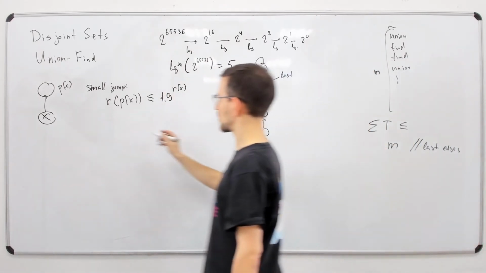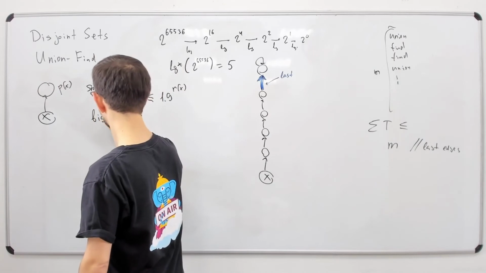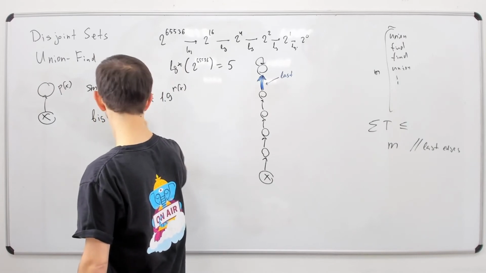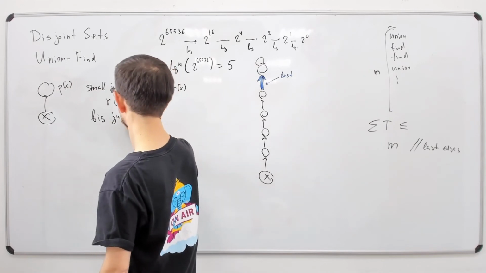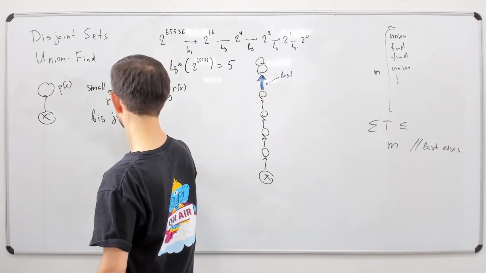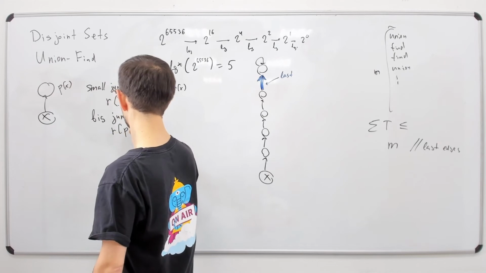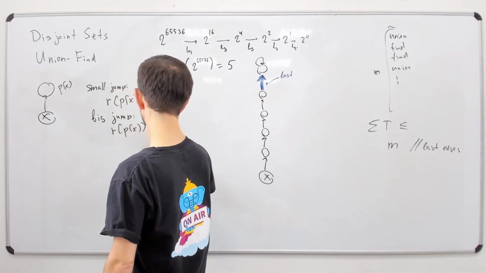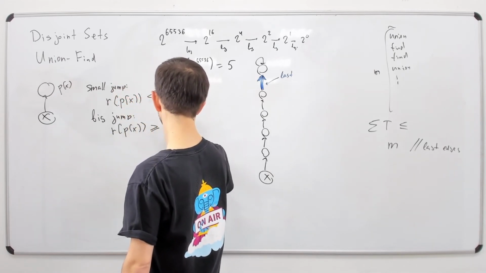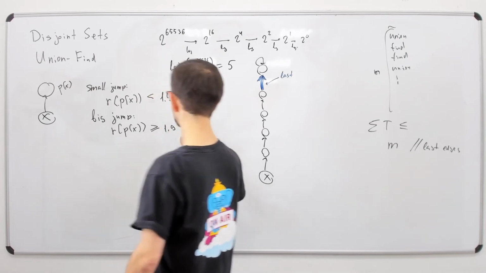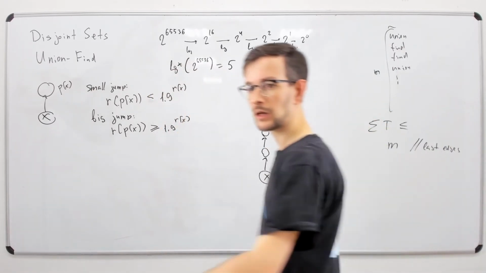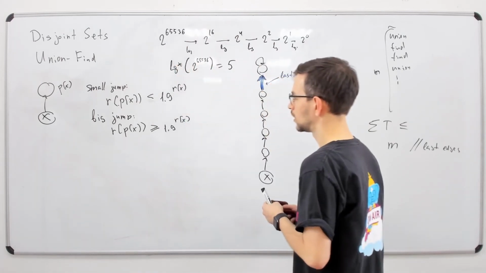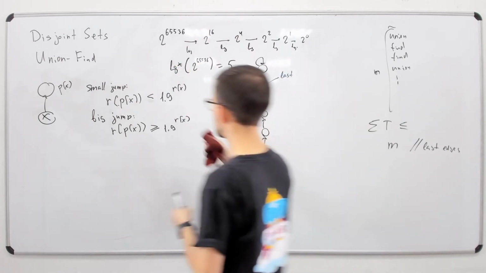And we say we have a big jump if the rank of the parent is greater or equal to 1.9 to the power of rank of x.